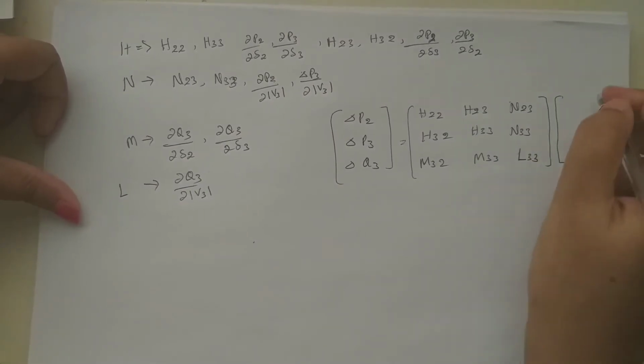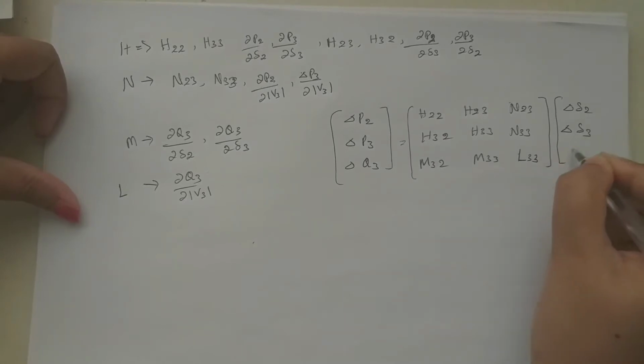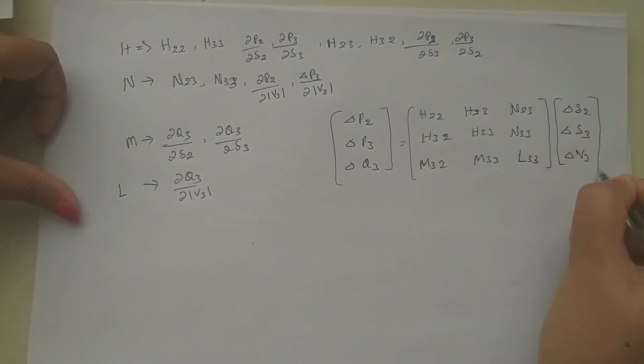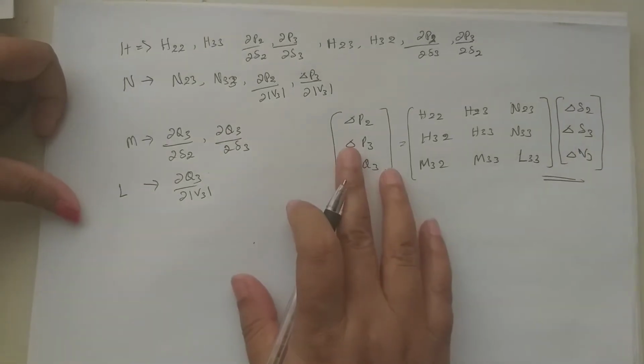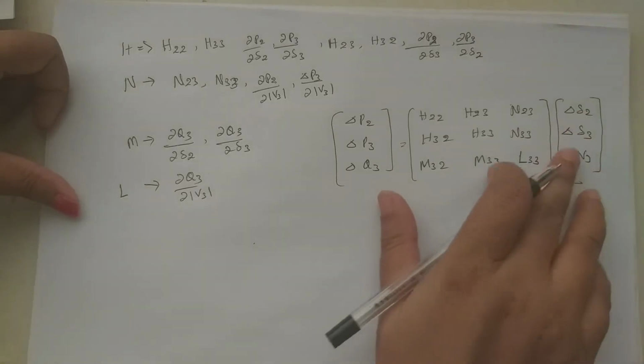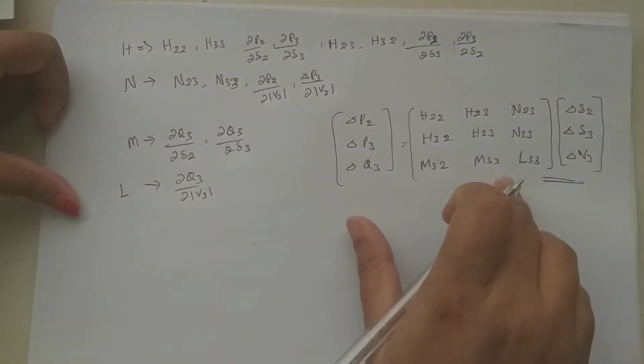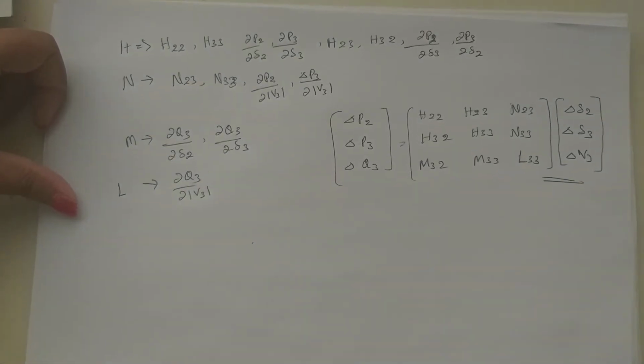From this we get delta delta 2, delta delta 3 and delta V3. So before finding delta delta 2, delta delta 3 and delta V3, we have to find the H, N, M, L matrices. Let us find them.